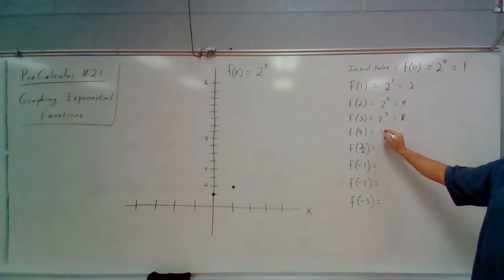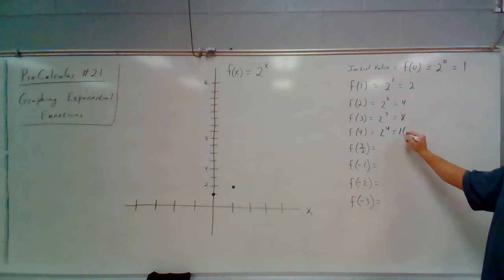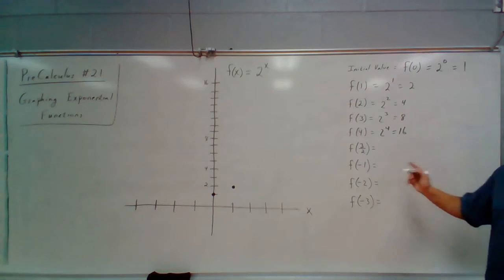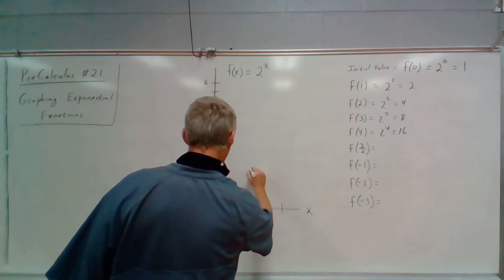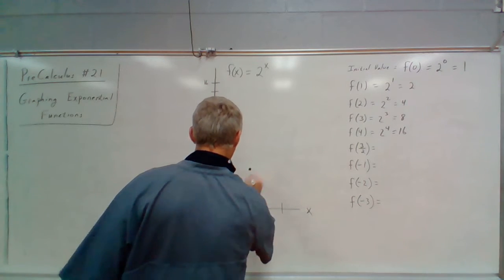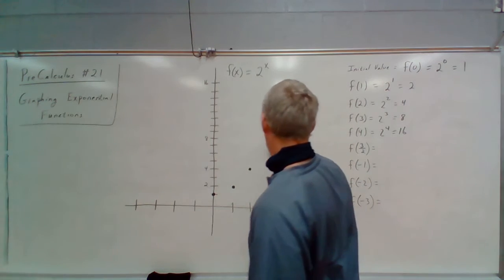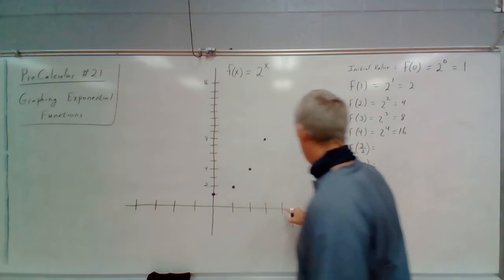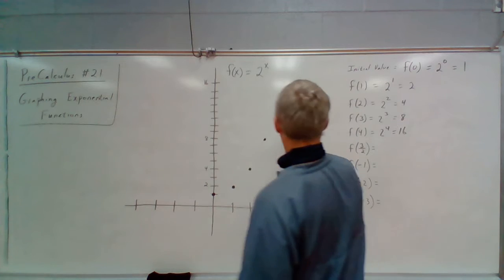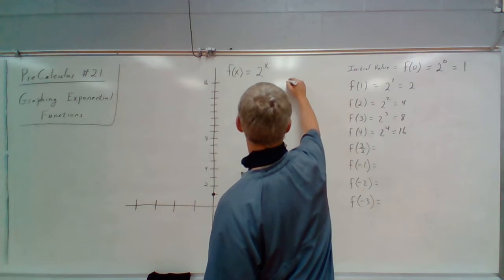F of 4 would be 2 to the fourth, which would be 16. And let's plot those. So if I put in a 2, I get a 4. If I plug in 3, I get 8. And if I plug in a 4, I get 16.